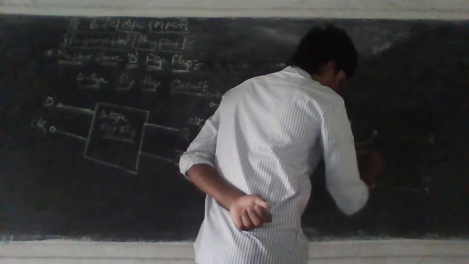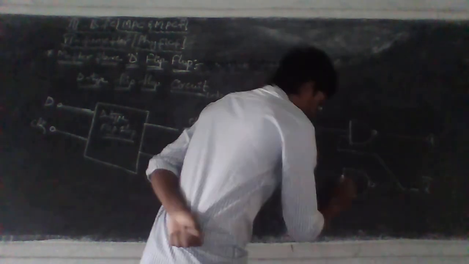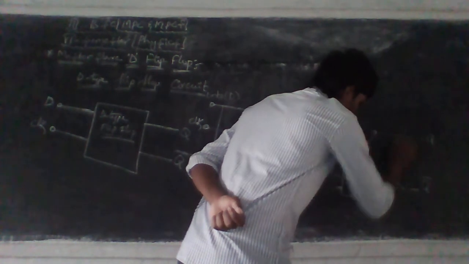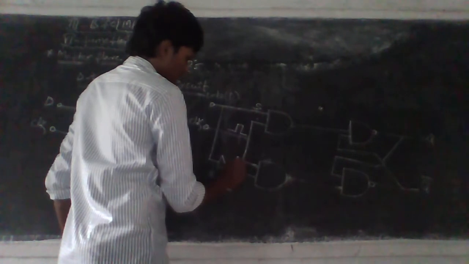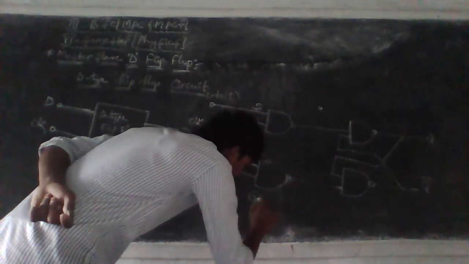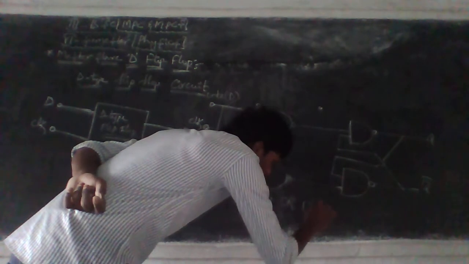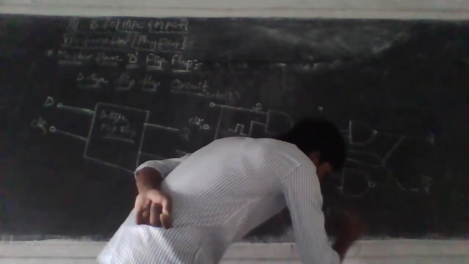Here this is connected to Q dash and here this is connected to Q. Here this is the gated SR flip-flop, this is R. This is the gated set-reset flip-flop.